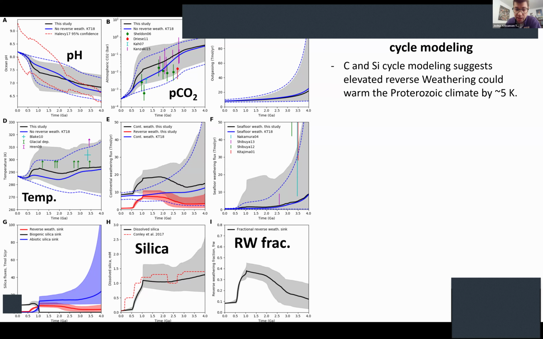My guess is that what those models show is that for a time with a stagnant lid, you can buffer climate in a similar kind of way until your crust gets so full of carbon that the carbon starts coming back up again, because you keep piling into the crust and there's nowhere for it to go.